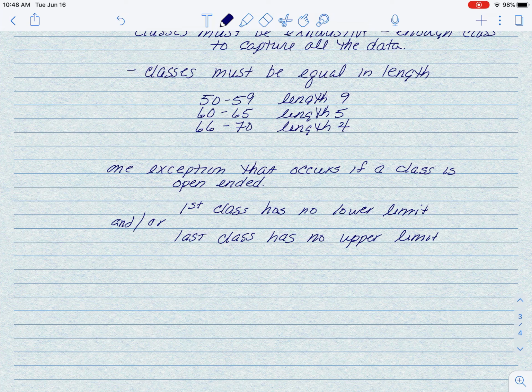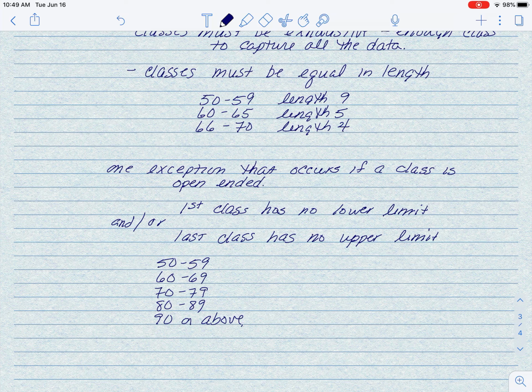So you could have something like 50 to 59, 60 to 69, 70 to 79, 80 to 89, 90 or above. So the last class has no upper limit. It just goes 90 or bigger.